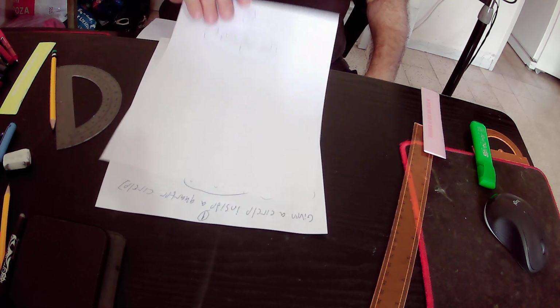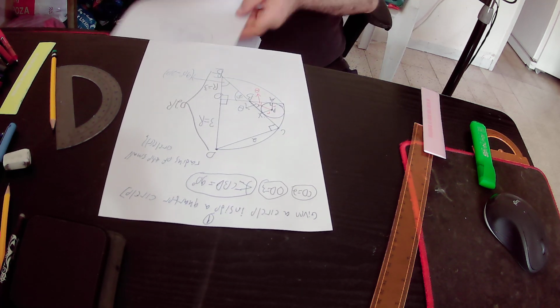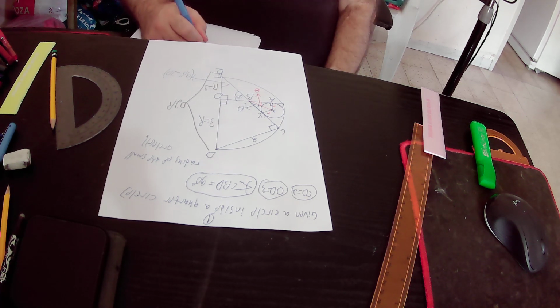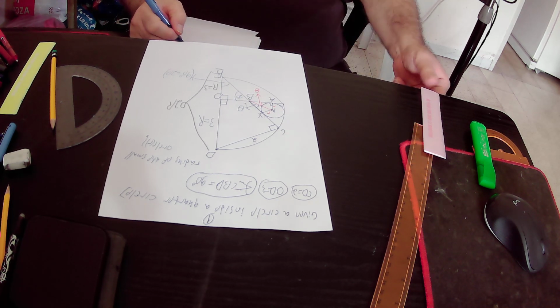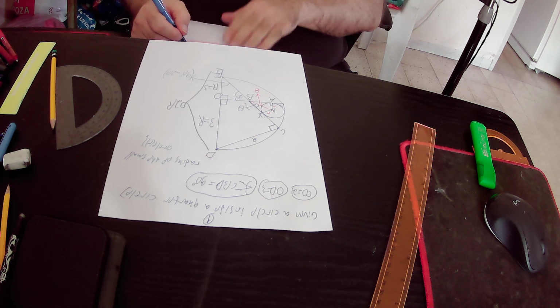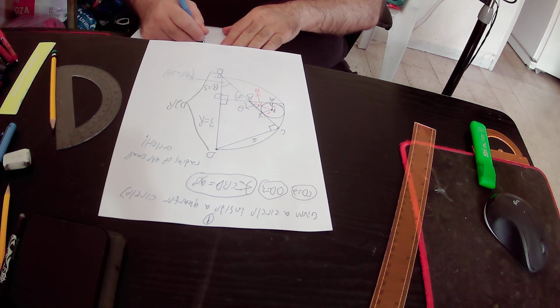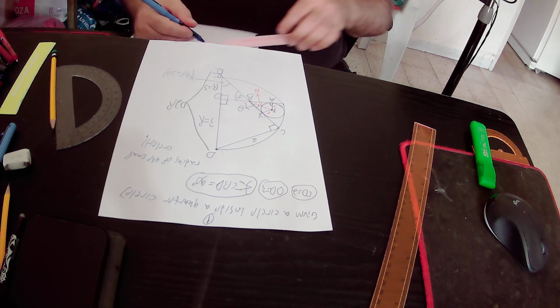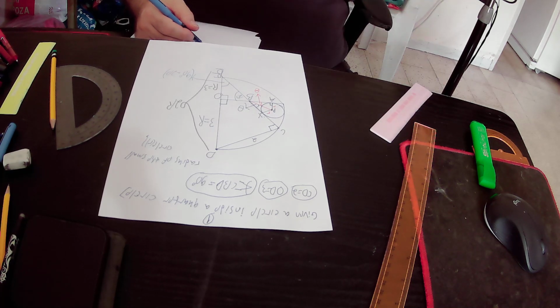In the next step, we will focus on the right triangle DCE. In triangle DCE, we also know that the sum of the angles is equal to 180 degrees.